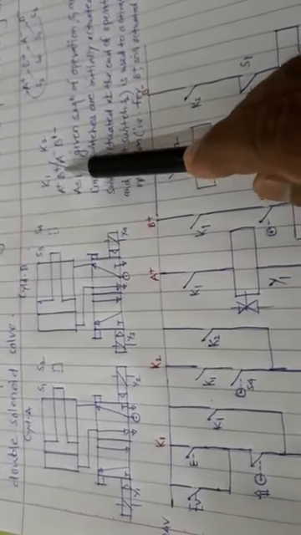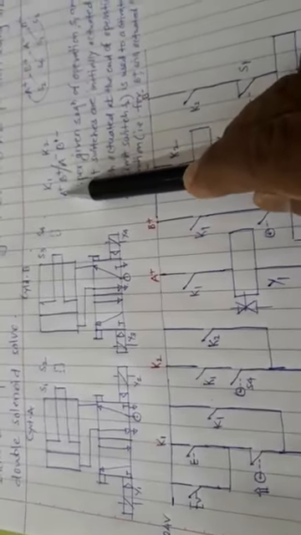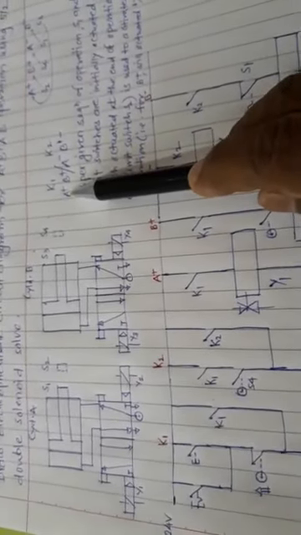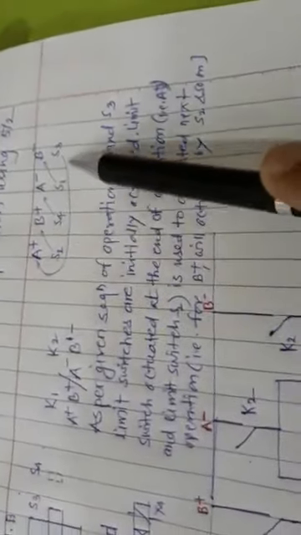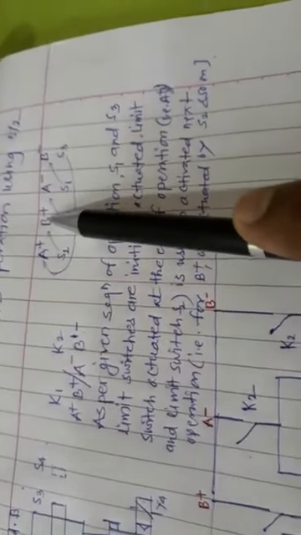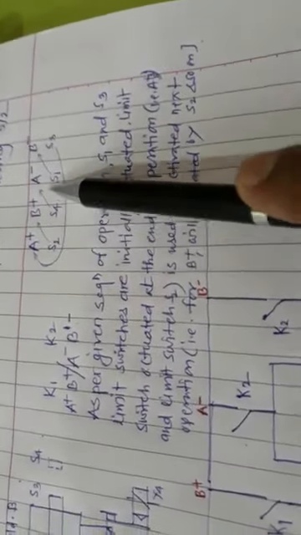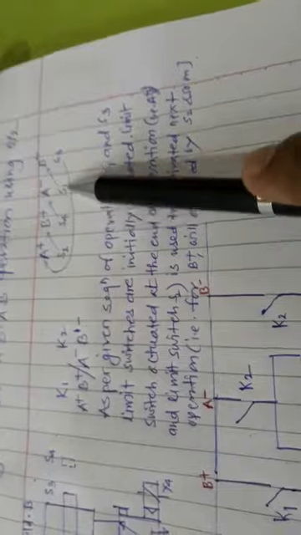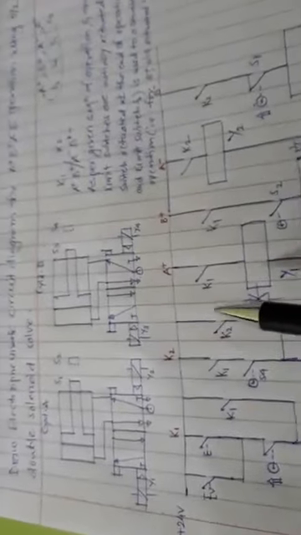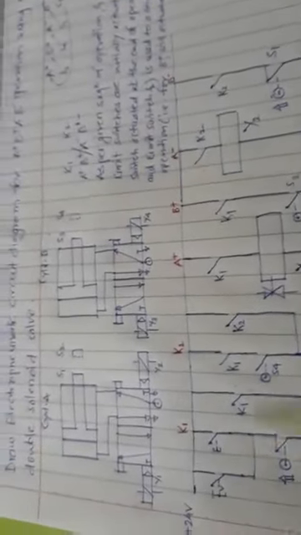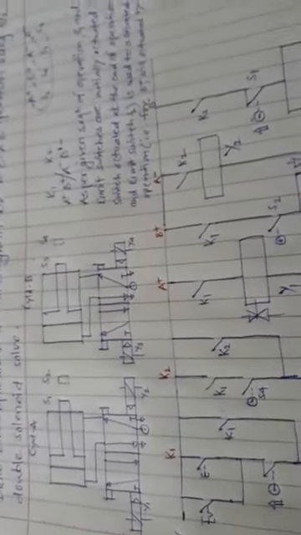Same we can see for the B plus operation, what happened at the end of the A plus operation. For A plus operation we are using S3, for B plus operation we are using S2, for A minus operation we are using S4, and for B minus operation we are using S1.